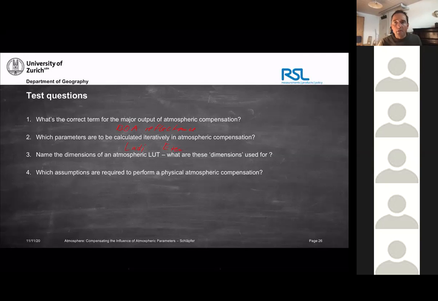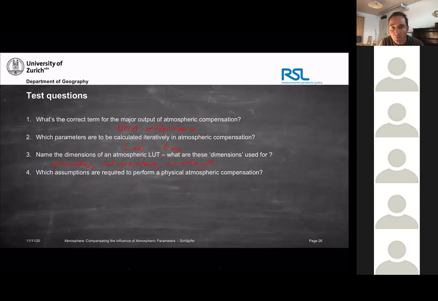Then the next one: name the dimensions of an atmospheric lookup table. What are these dimensions used for? The major dimensions are geometry, atmosphere, and wavelength. These are the generic dimensions. For the atmosphere, we have about 3. For the geometry, we also have about 3, and the wavelength is an additional 1.